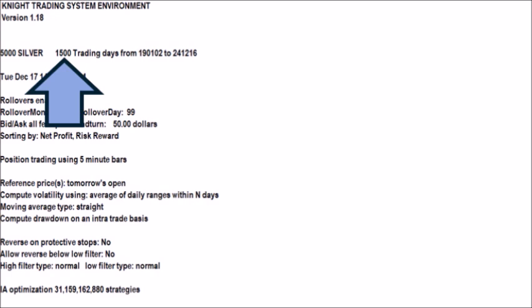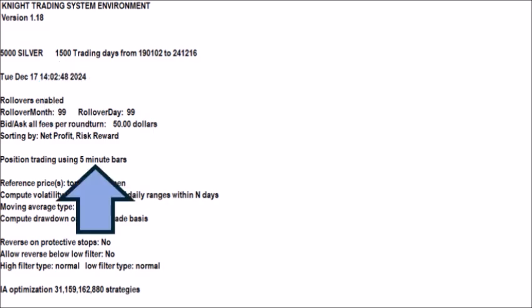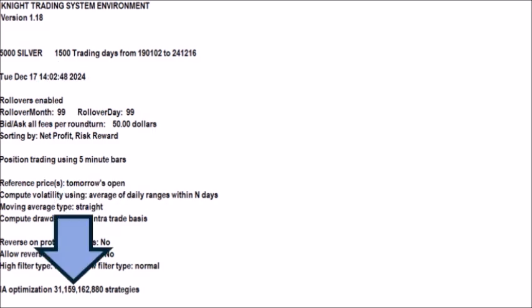Each market and contract size traded has 4,800 execution files. Each execution file can run 20 or more years of data using any time period from 1-minute bars to monthly. In this example, we're using 1,500 trading days of 5-minute bars and running more than 31 billion possible combinations of the objective trading parameters.